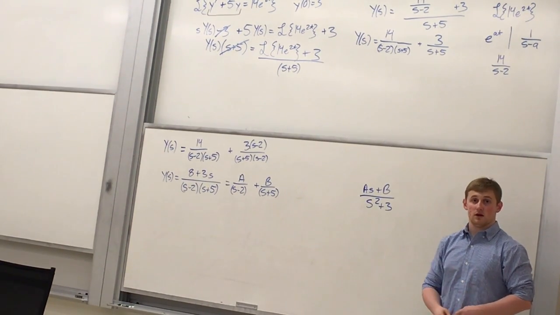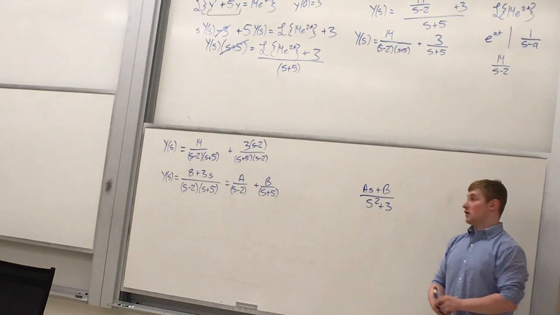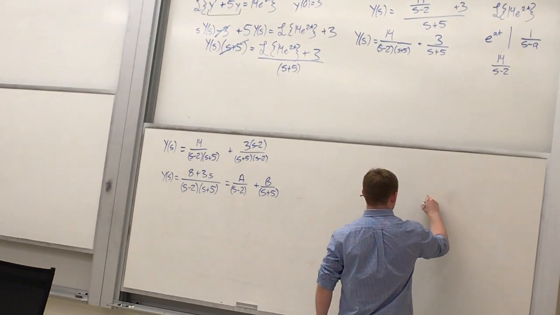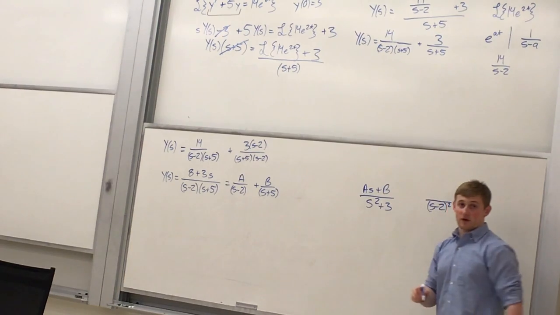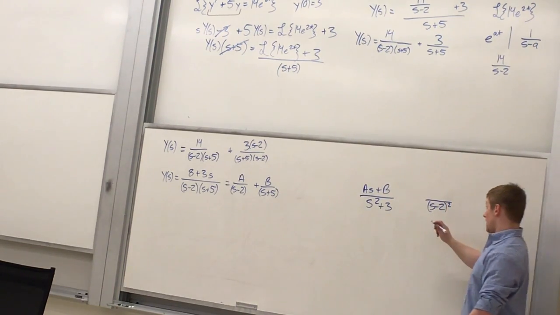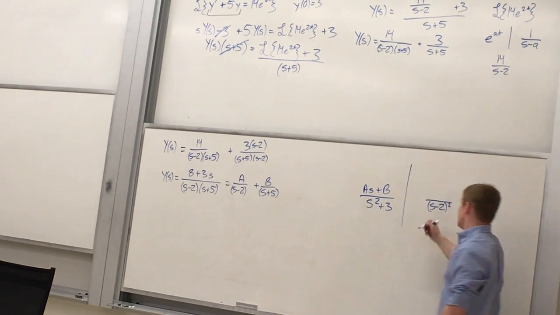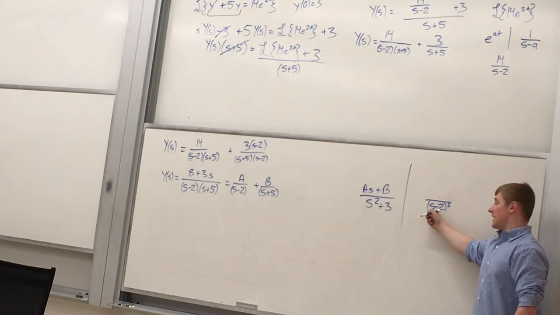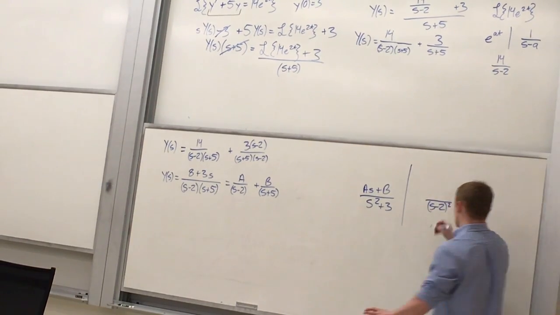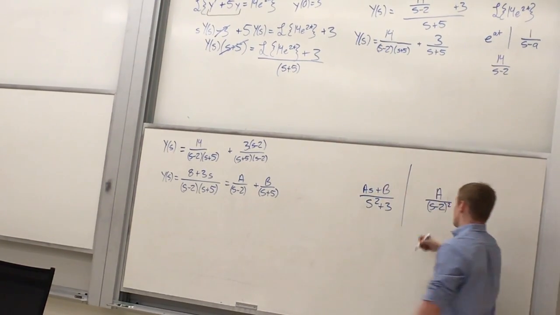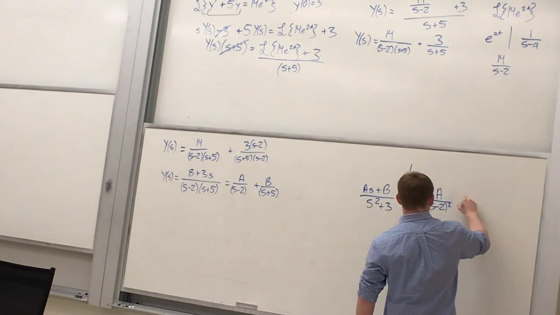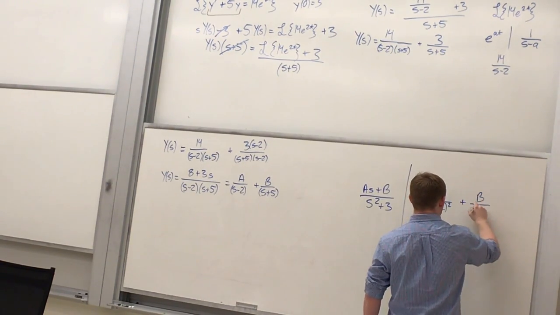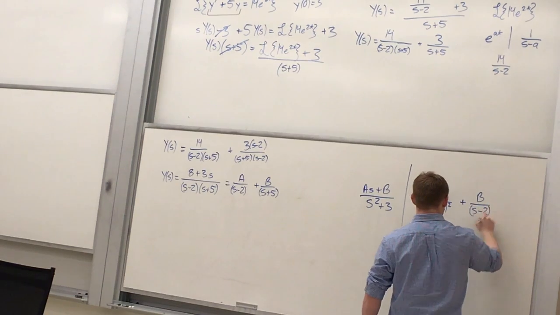Yes. What if it's like s minus 2 squared? So you're saying if we have, instead, we have s minus 2 squared as one of our factors. I'm glad you asked that, because the way that we handle that is, since the s is only to the first power, we still keep the a, but we have to account for the fact that there's 2 s minus 2's, so we add on a b over s minus 2.